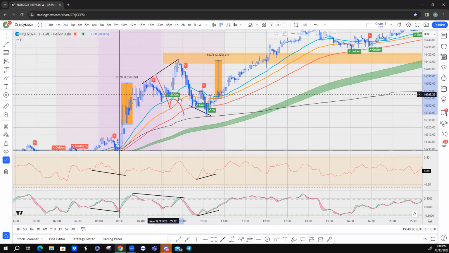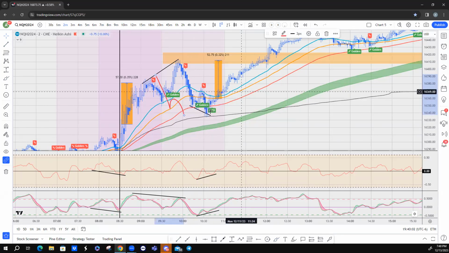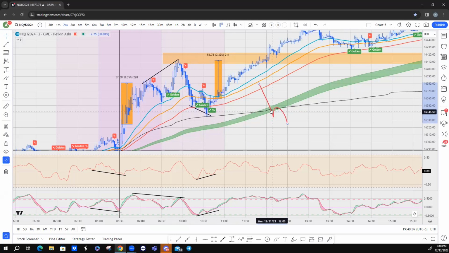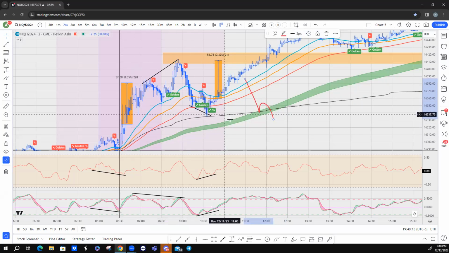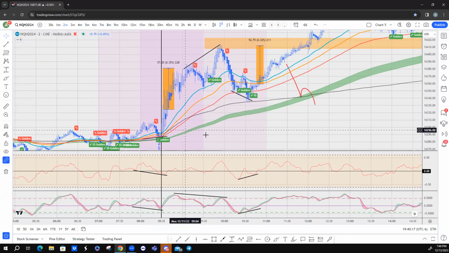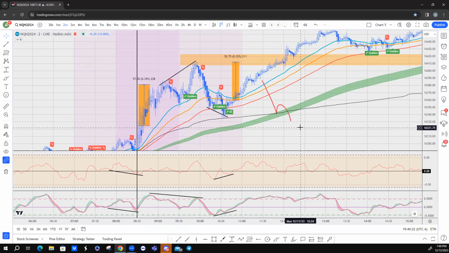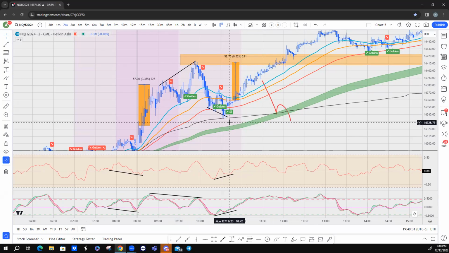I love that, and price takes off. Folks, the market gives these patterns day in and day out. It's the same patterns you're going to see all the time. If you really pay attention to how price moves from one day to the other, you're going to see a lot of the same patterns, and this is what keeps you above the rest. And that is what's going to give you your edge as you're trading.